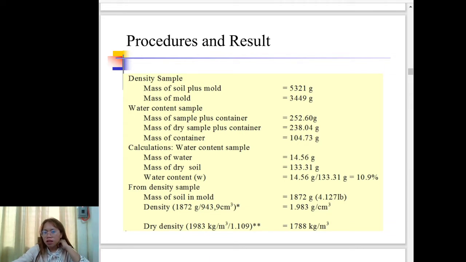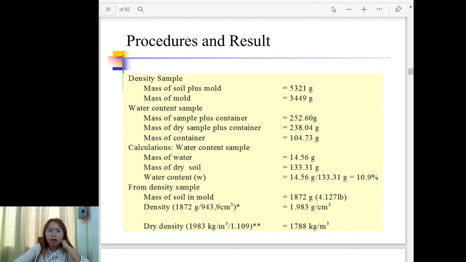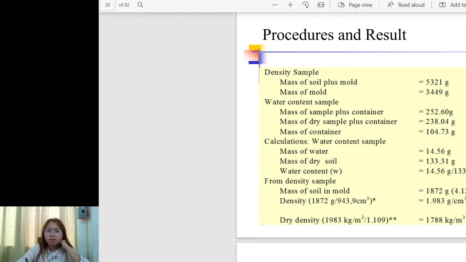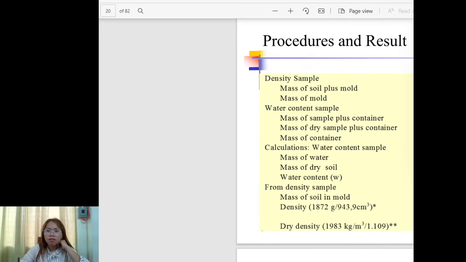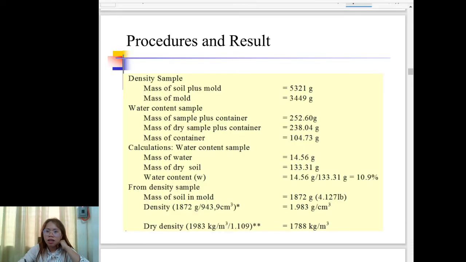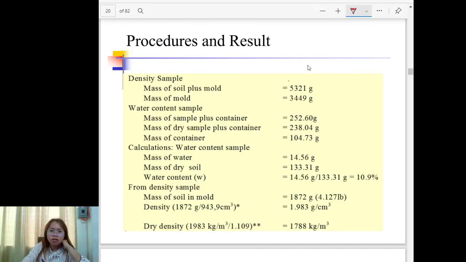Then for the calculations now of the water content of the sample, these are the data you obtained.